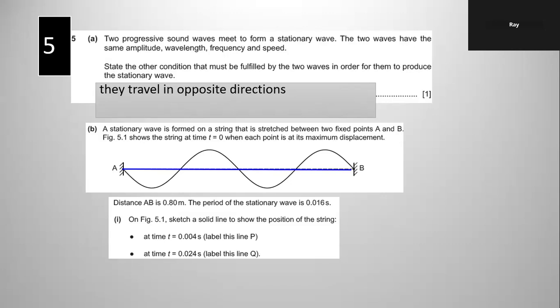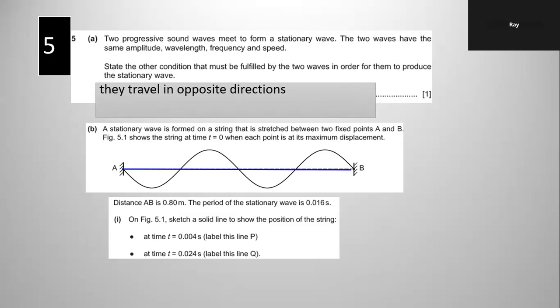A stationary wave is formed on a string that is stretched between two points A and B. Figure 5.1 shows a string at time t equals 0 when each point is at its maximum displacement. The distance AB is 0.8 meter.